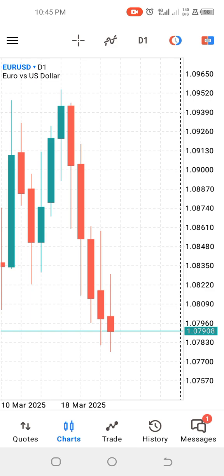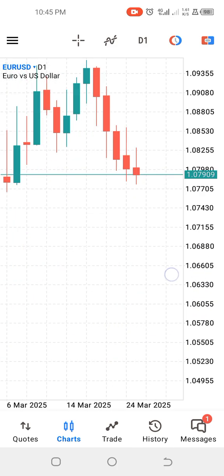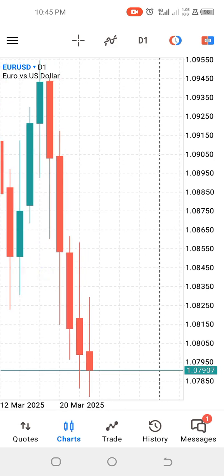So how I do my analysis on the daily time frame is this. I'll use yesterday and today's candle as my point of reference.